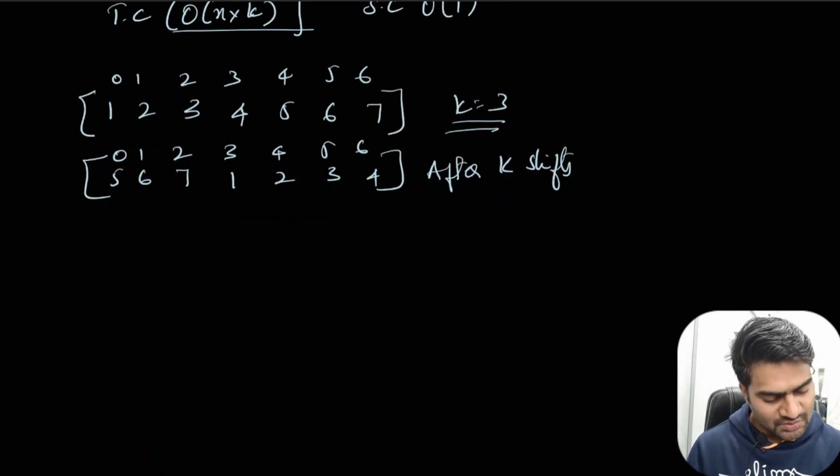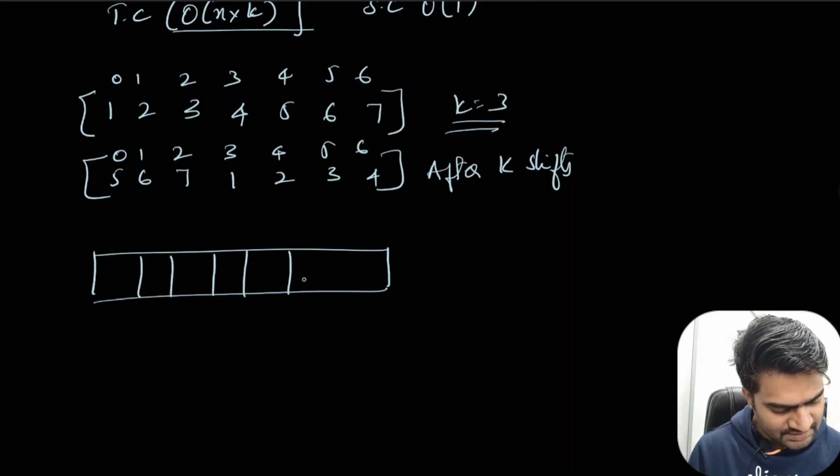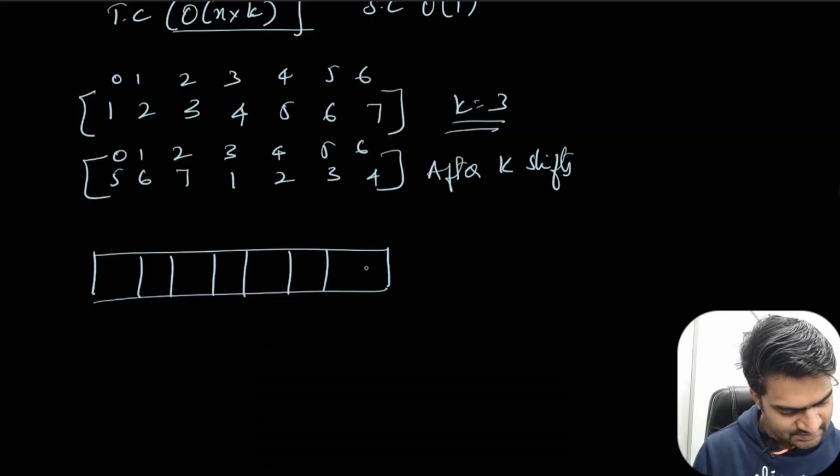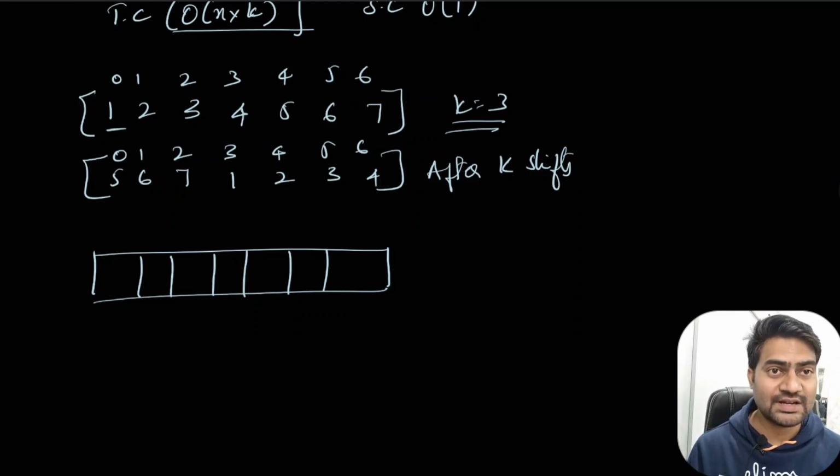Now what we will do, let us take another array. Okay, now if you take the original array, our 1 is at 0th index. So again I'll loop from 0 only, but this one I will shift it by 3 position and then I'll place it in the resultant array.